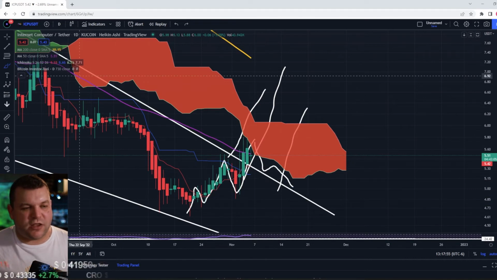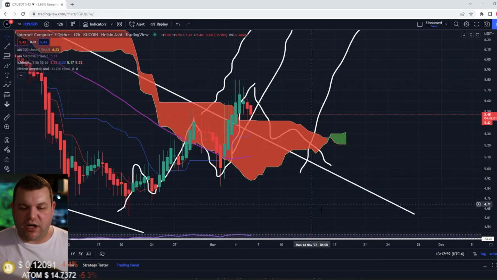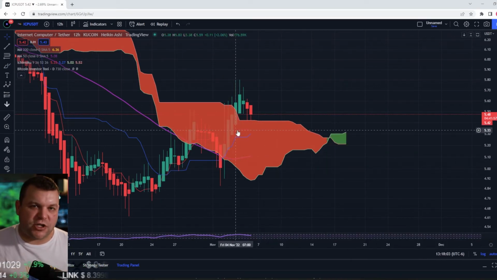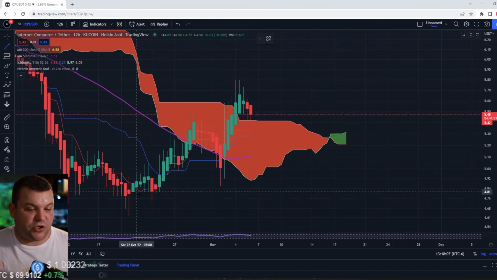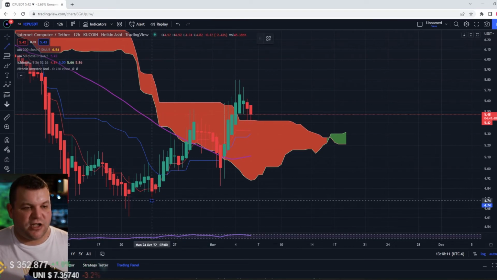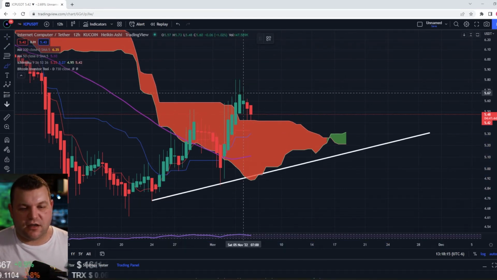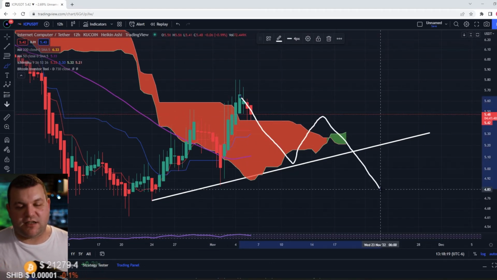I guess the one thing that I am concerned about most at this point in time is this opportunity for a bearish reversal in the form of a head and shoulders pattern. Head and shoulders patterns, folks, are very bearish to be seen, but we may see ICP do one of these things.